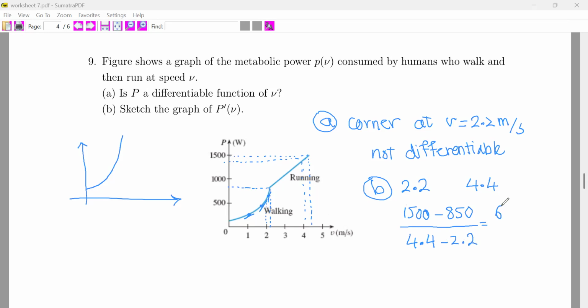So it will be 650 over 2.2, and it will be approximately 295 W over meter per second.